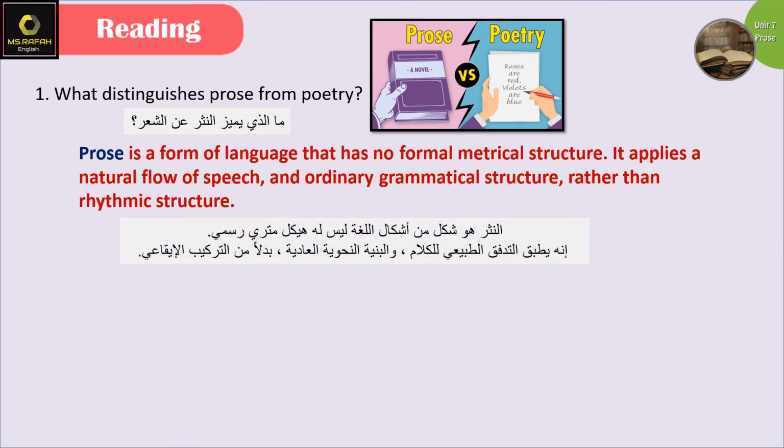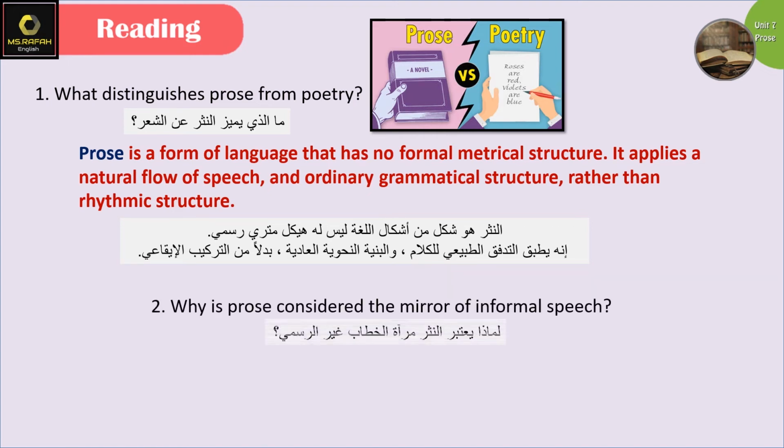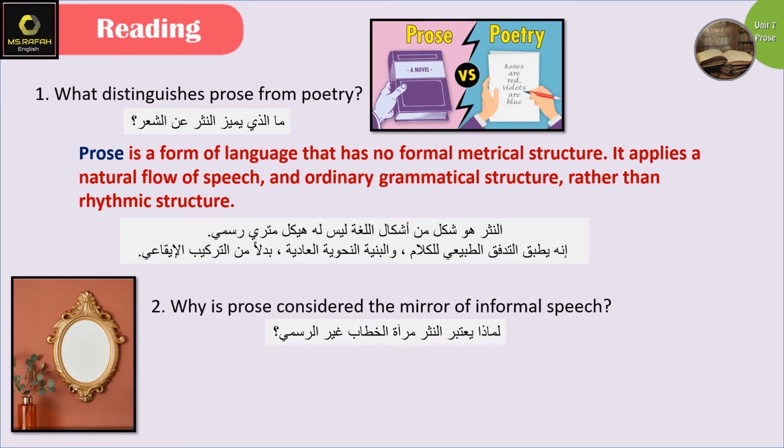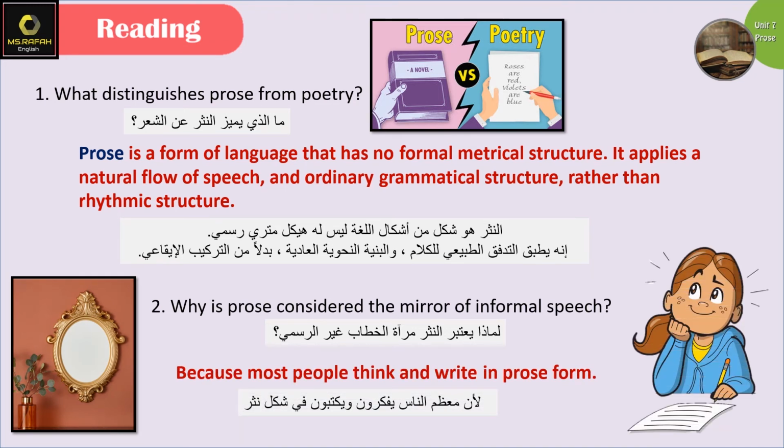It applies a natural flow of speech and ordinary grammatical structure, rather than rhythmic structure. Why is prose considered the mirror of informal speech? Because most people think and write in prose form.